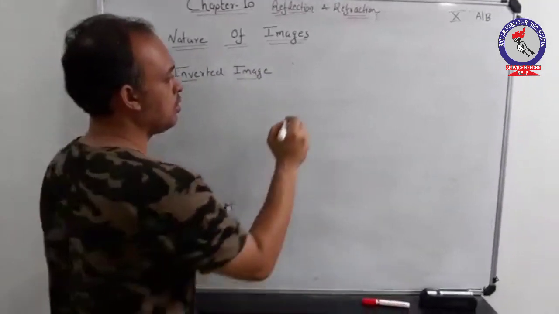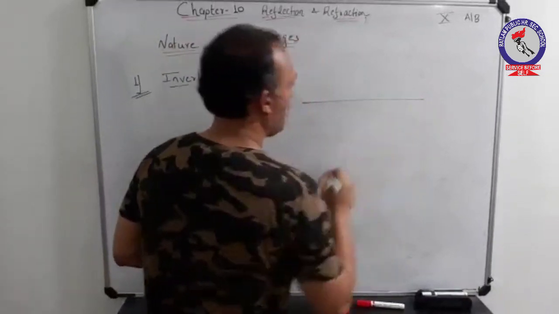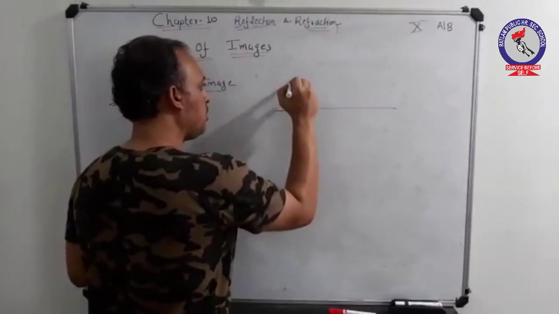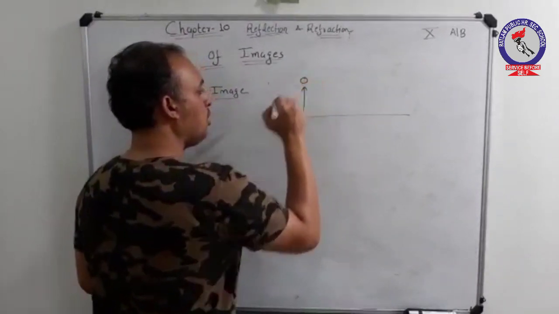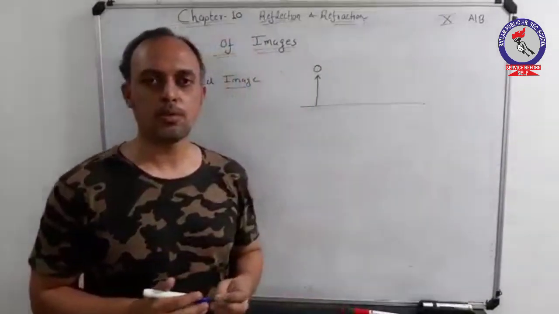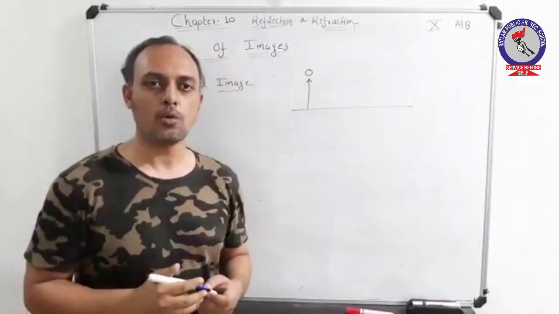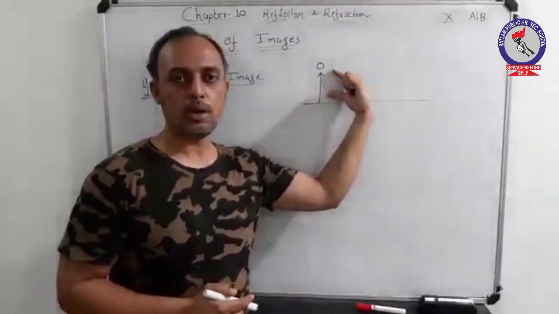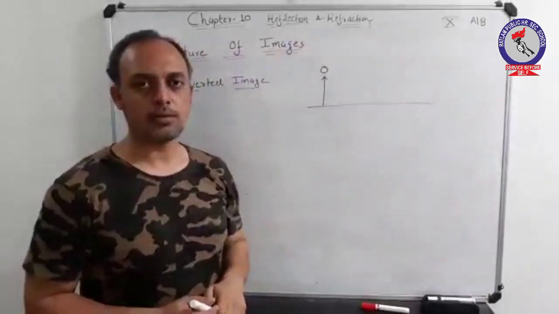While drawing the ray diagram, we generally keep our object on the principal axis. This simple line is known as the principal axis on which the object is kept. As you can observe, I have kept my object above the principal axis.